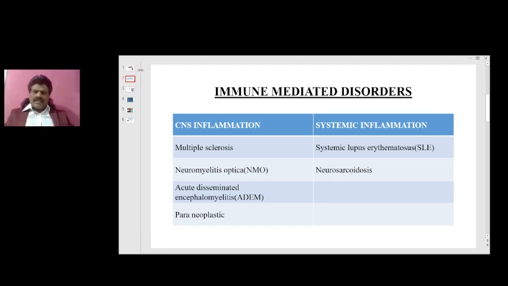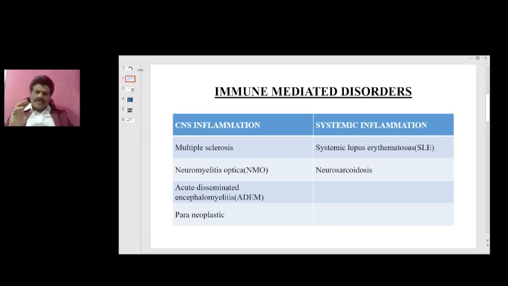Immune-mediated disorders either could be due to CNS inflammation or due to systemic inflammation. In CNS inflammation, it could be either multiple sclerosis, neuromyelitis optica, acute disseminated encephalomyelitis, or paraneoplastic. In systemic inflammation, it could be because of systemic lupus erythematosus or neurosarcoidosis.